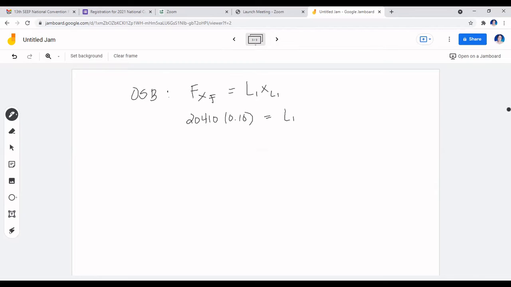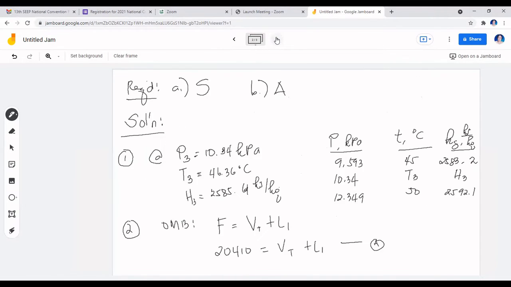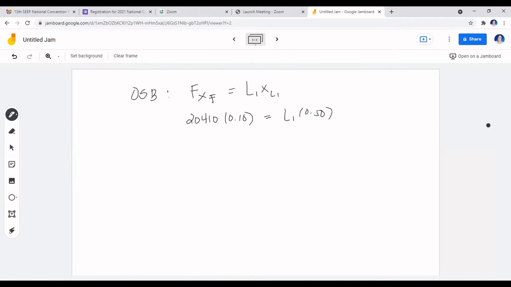So this should be 0.5. You get it? Our final product is 50% solid. So it's now appearing in your liquor one, not in L3, because your final product is in L1.